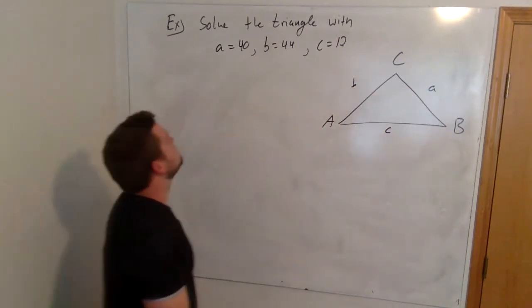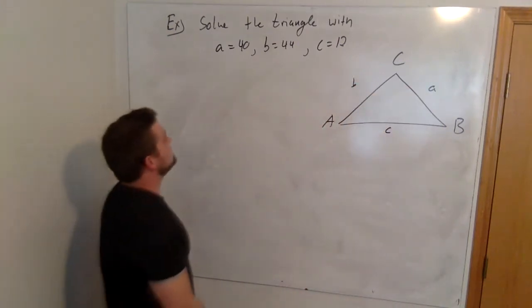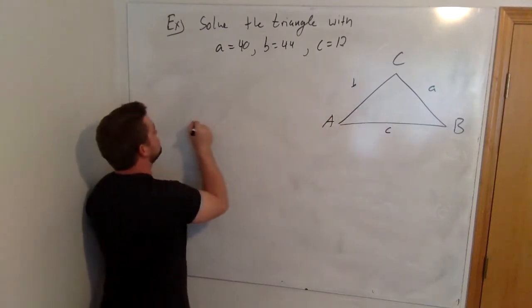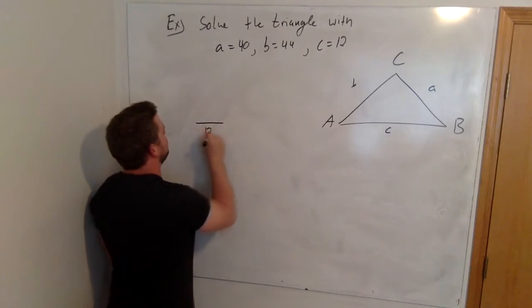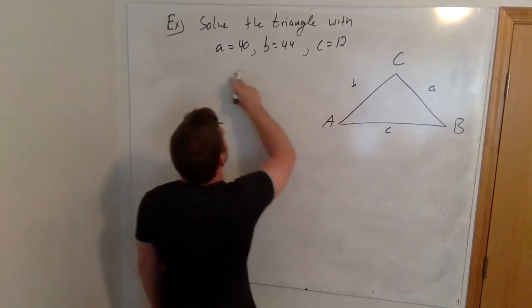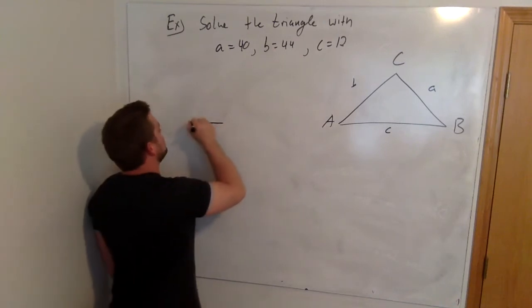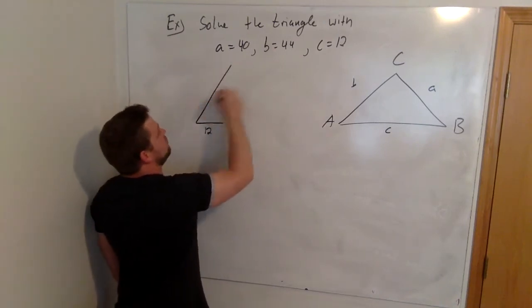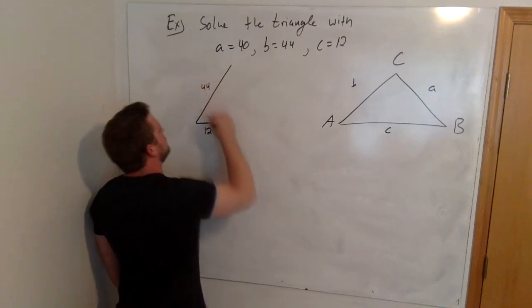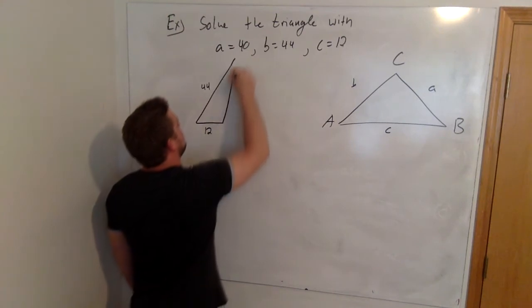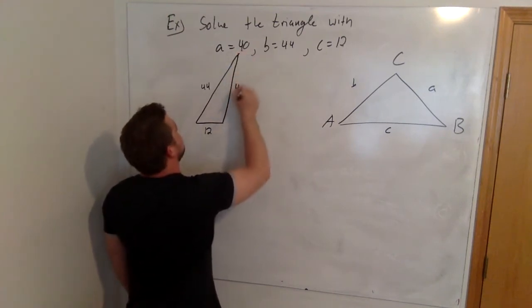I'm going to notice that C here is pretty small. This length here is pretty tiny, so I'll write 12. Side length B is bigger than side length A. So let's say this is 44, and then say this here is 40.